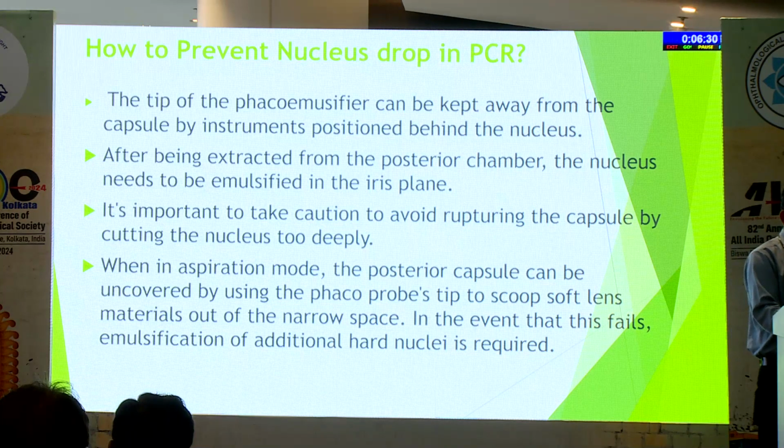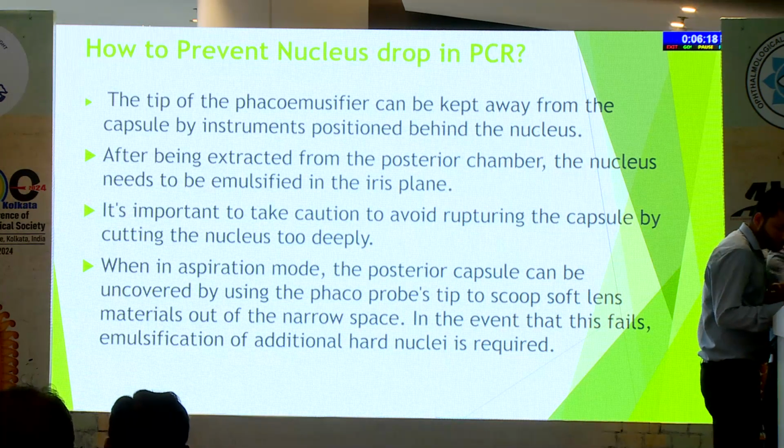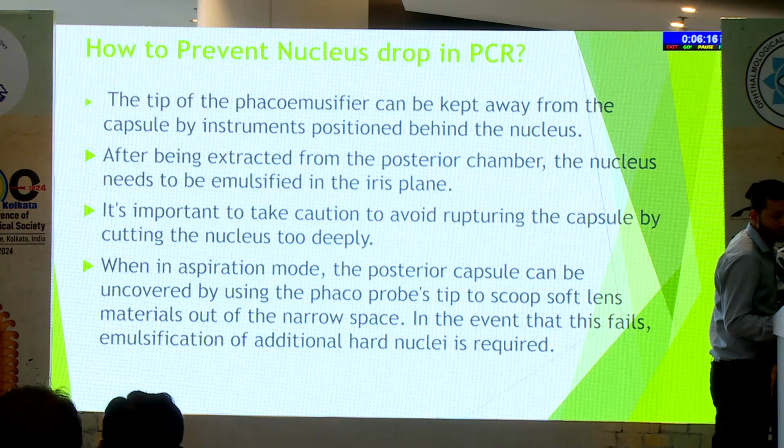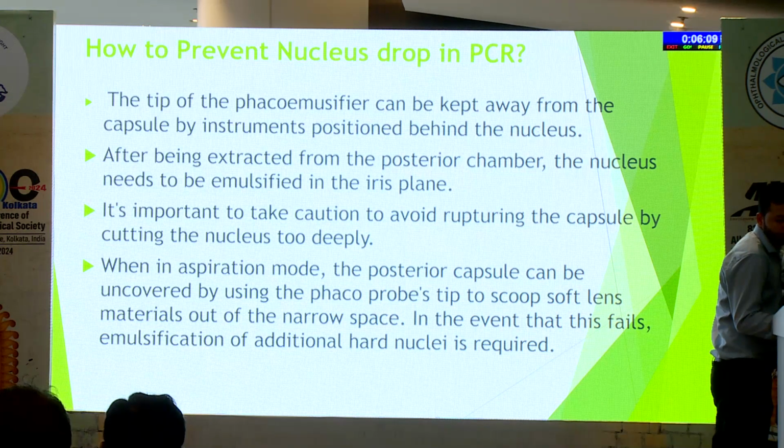Try to take it out anteriorly, or with a little section hold the nucleus anteriorly and bring it into the anterior chamber. If it is soft, you can manage it there in the iris plane. If it is hard, it is better to convert it into SICS and take it out through the anterior route. That is easier and less complicated.